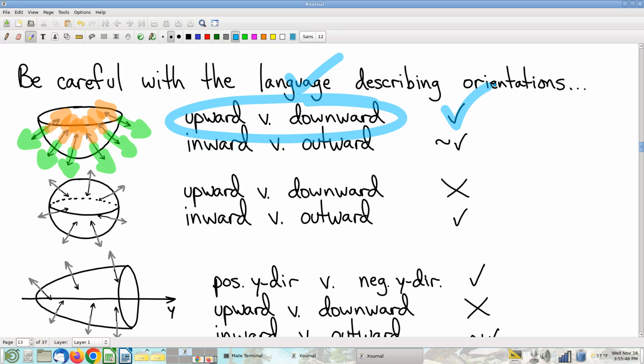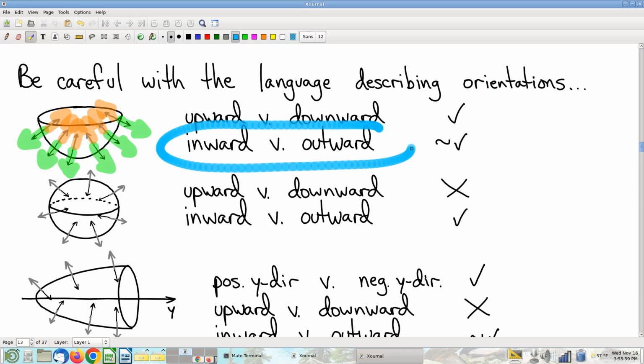And that's the way people are going to describe orientations in talking about which way they want you to consider positive through a surface. Okay, now here's another language option that I kind of see a point of view on. Inward versus outward. You could make the case that the orange vectors all kind of point, in some sense, inward. They point to where the cereal is, right? And the green points to where we hope the cereal isn't. Right? So, inward versus outward, I kind of get it.